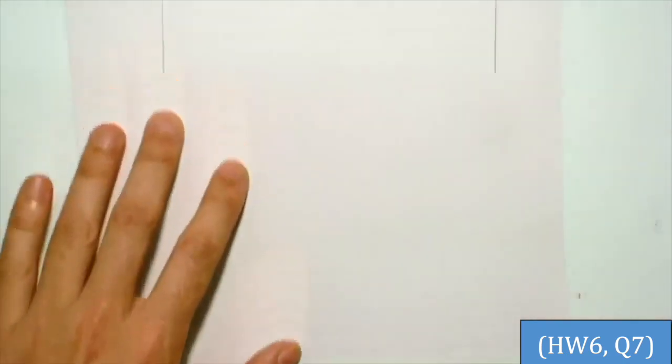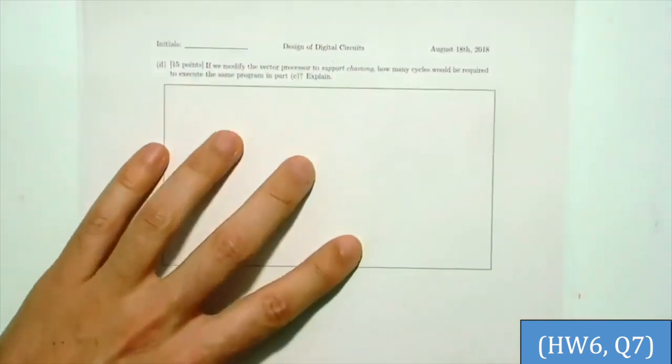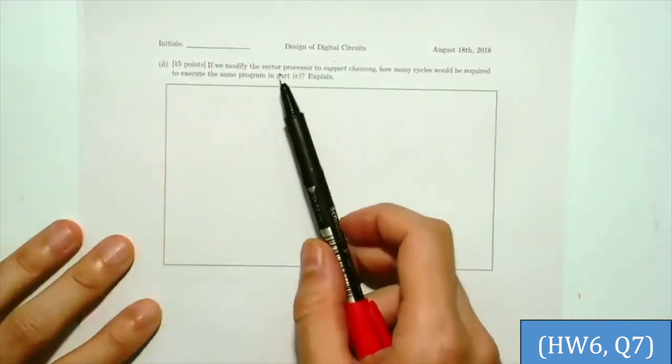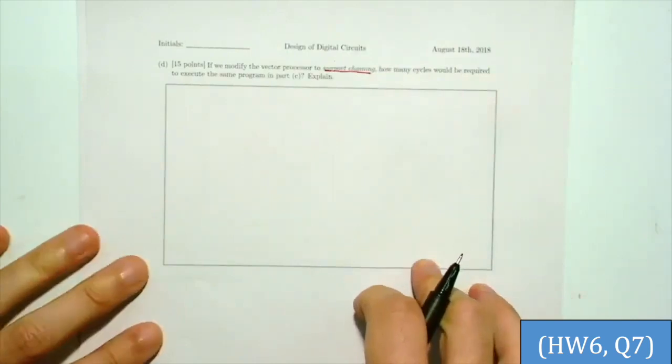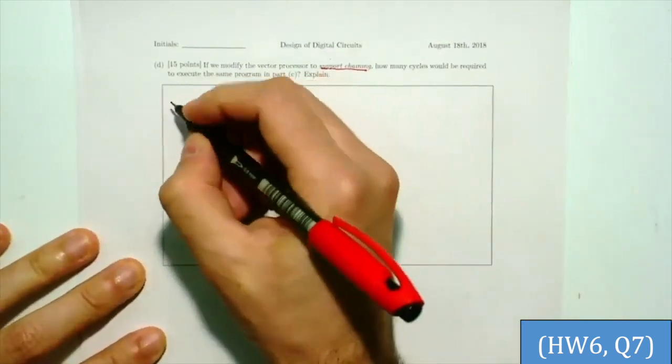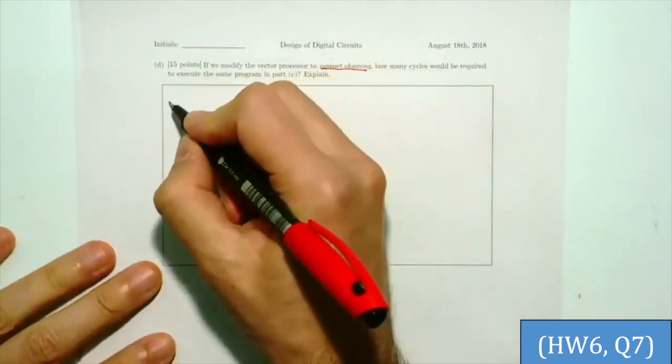And the last one is, if we modify the vector processor to support chaining, so now we support chaining. So again, it's the same code, right? So we have the load first.